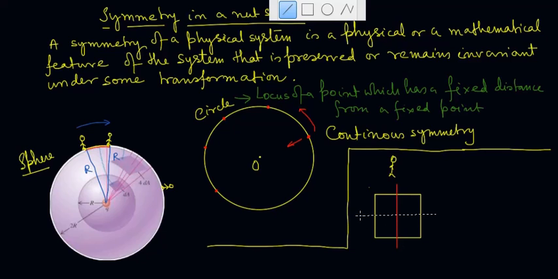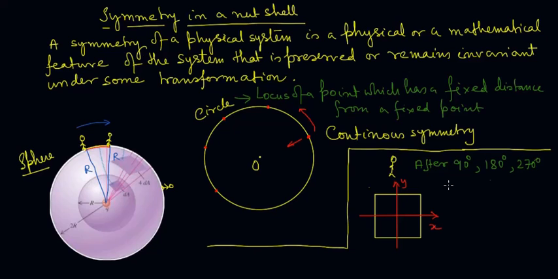This is one axis and this is the other axis, and suppose this is X and this is Y. So after 90 degrees, 180 degrees, 270 degrees or 360 degrees, meaning a complete rotation, there is no change in the system as far as you are concerned.